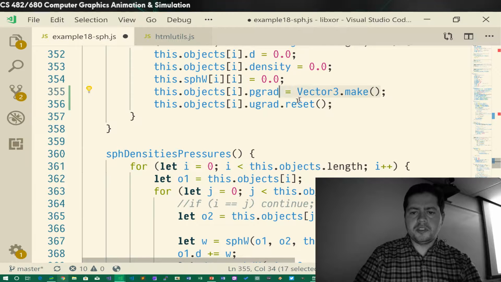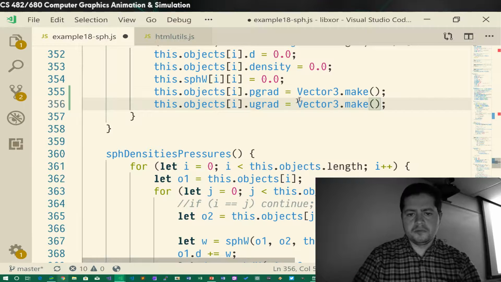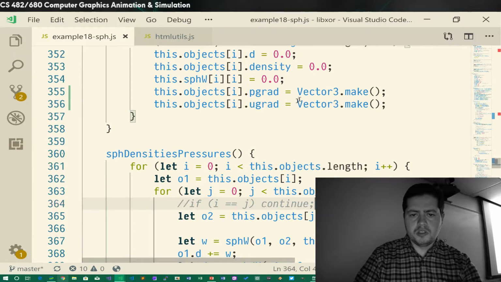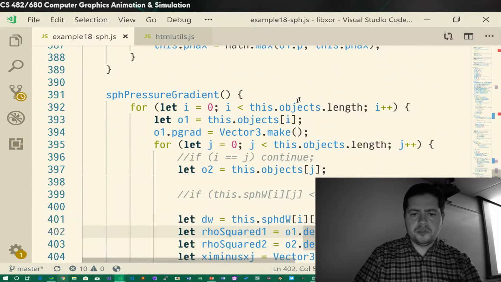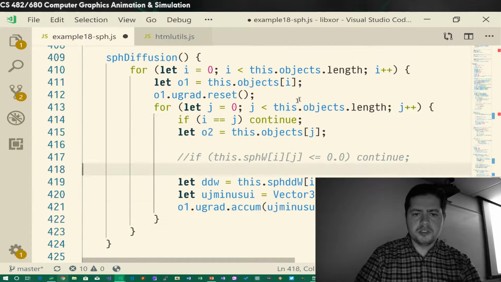So I think the problem here is that, okay, so yeah, because we don't actually construct the objects yet. So let's construct those.